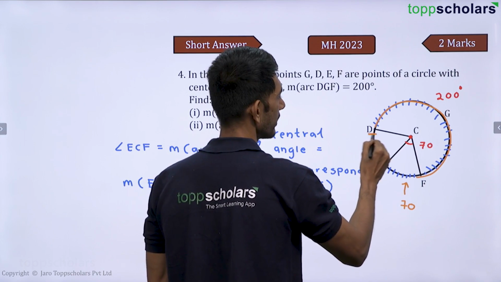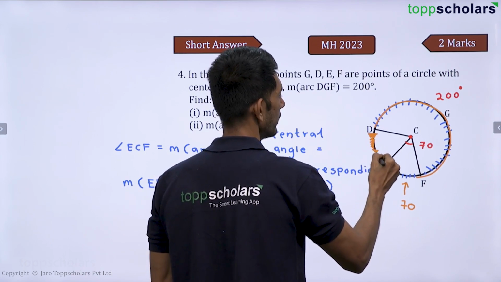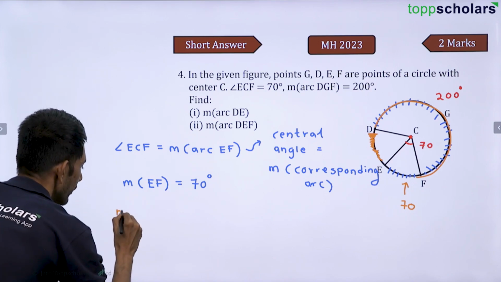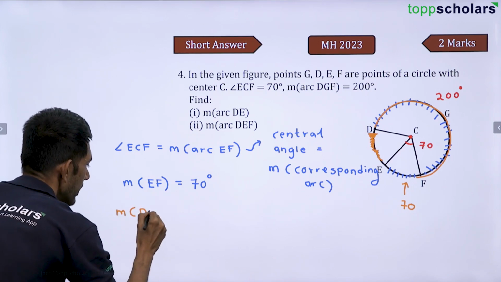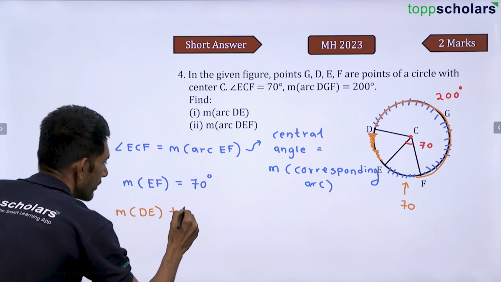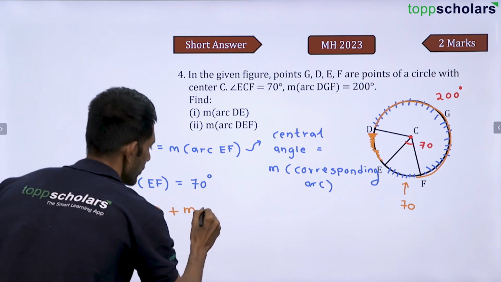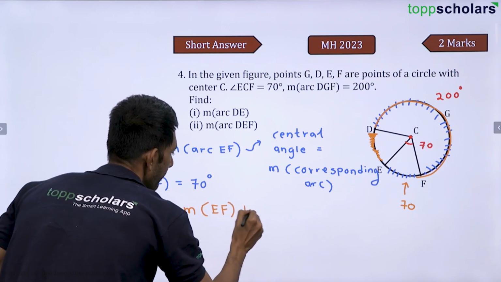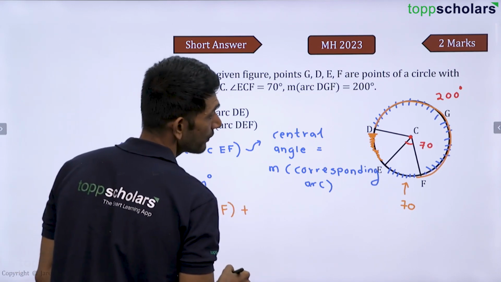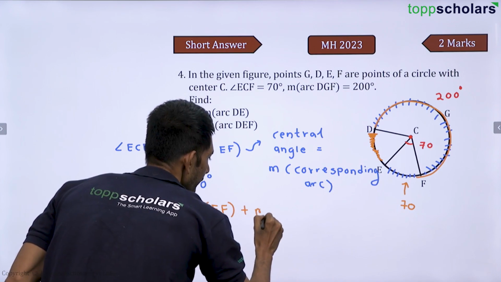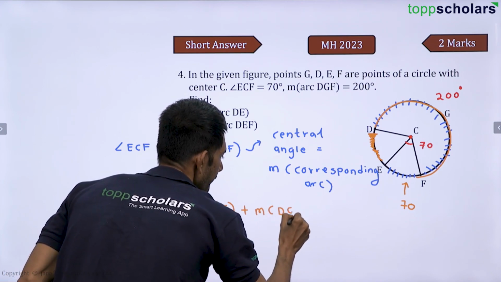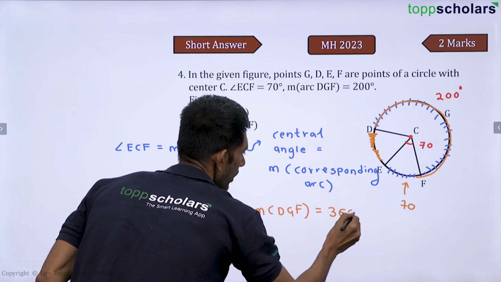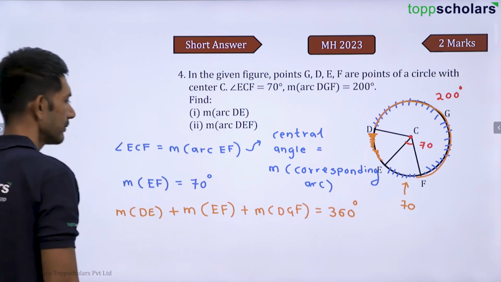Can I find out the remaining part now? So can I say measure of DE plus measure of EF, I'm talking about the arcs here, plus measure of DGF is equal to 360, because this completes the circle.